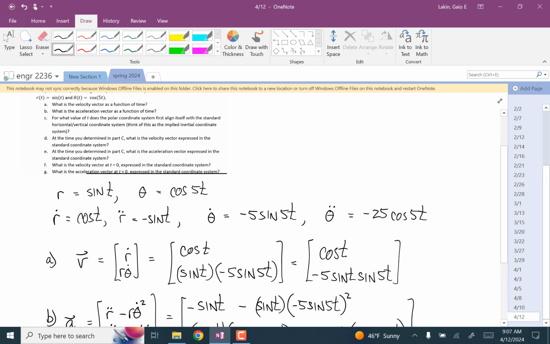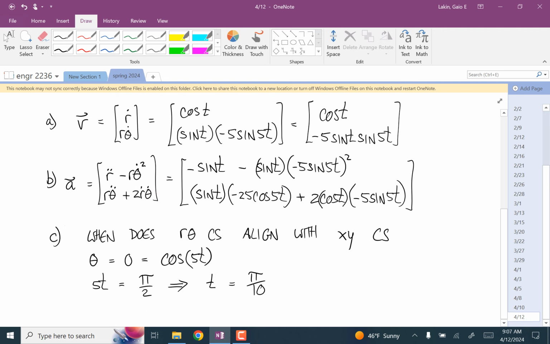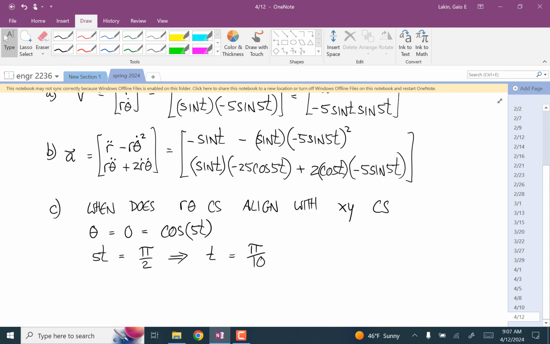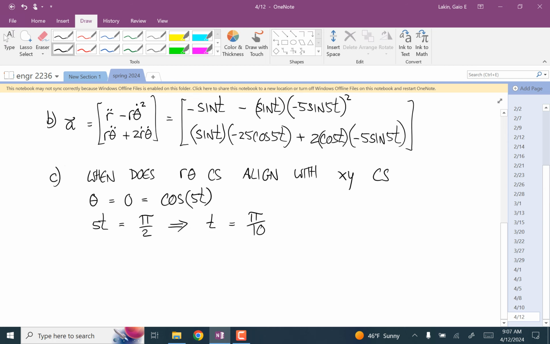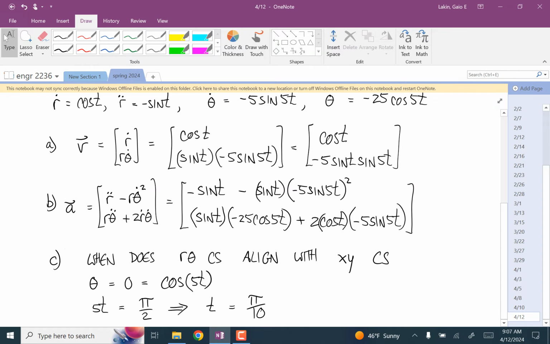At the time that we determined just now, what is the velocity vector expressed in the standard coordinate system? Okay, so if we plug t equals pi over 10 into the formula we just got for velocity, we'll come up with the velocity vector in the r theta coordinate system.